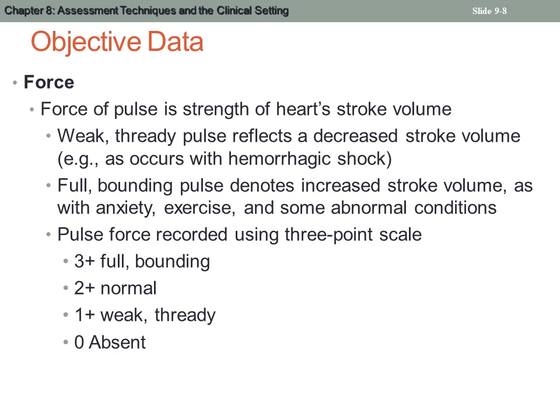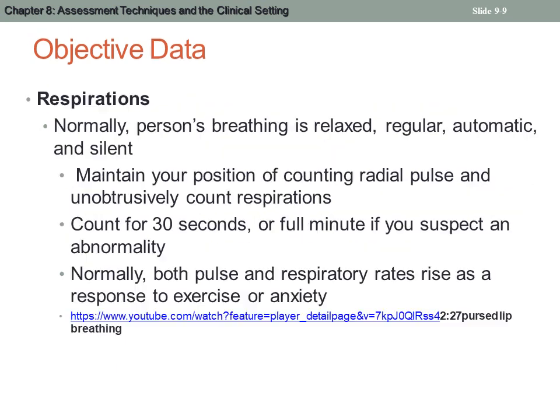And of course, someone who's died, if you press their pulse, you hear no beat, the telemetry monitor is saying it's 0, you press that patient's pulse site and you actually don't feel anything. So that pulse would be an absent pulse. Okay. So there are different reasons why we would have different force to the patient, but just remember 0 to a 3 plus is how we rate the force.